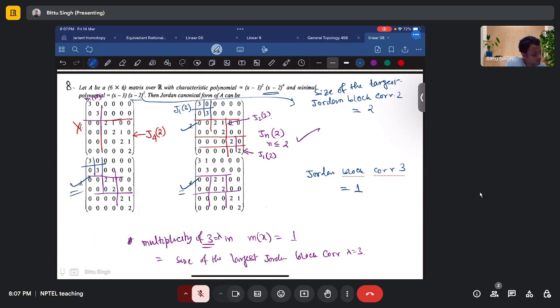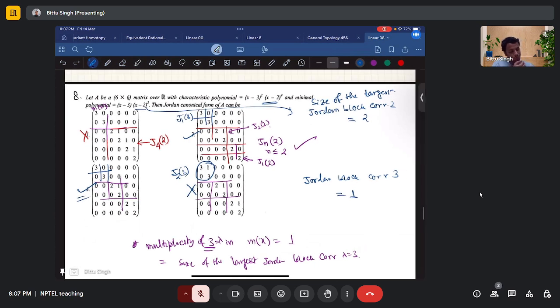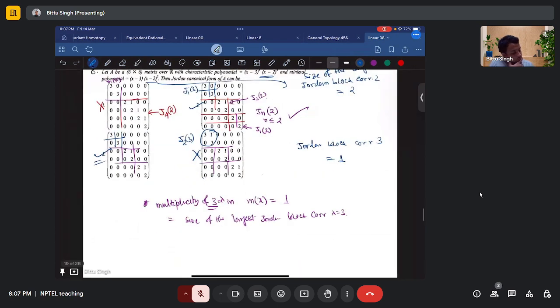So this is correct. But here this is wrong because the size of this block exceeds 1. This is actually J2 of 3. So its size is 2, it exceeds 1. Therefore this is false. So options 2 and 3.